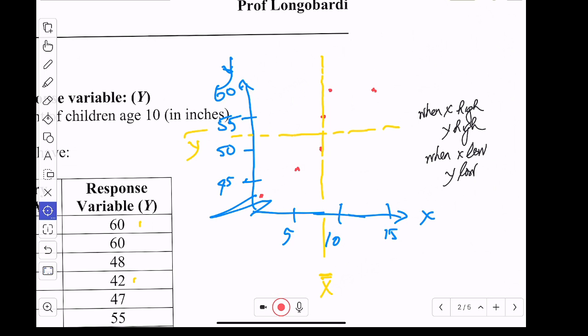So just to repeat, I've divided the data into 2, and every single observation can be referred to as high or low. So when x is above its mean, y is above its mean. When x is below its mean, y is below its mean. They reinforce each other, okay? And that turns out to be a positive relationship.